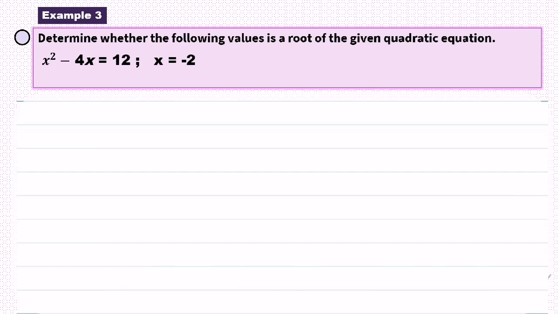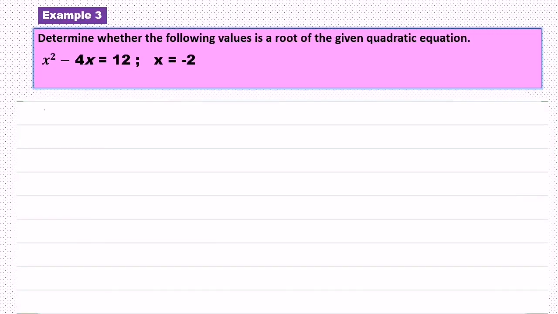Now we try to answer one more question. Determine whether x equals negative 2 is a root of the quadratic equation x squared minus 4x equals 12. Now you can see at the right hand side here, we have the value of 12. So actually we still use the same method. When x equals negative 2, at the left hand side we have x squared minus 4x.